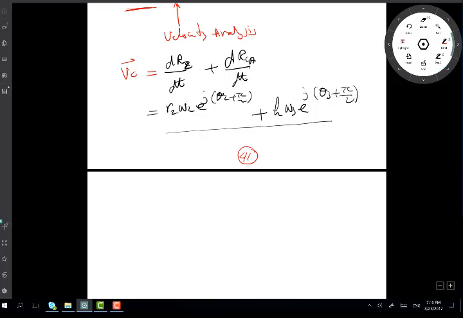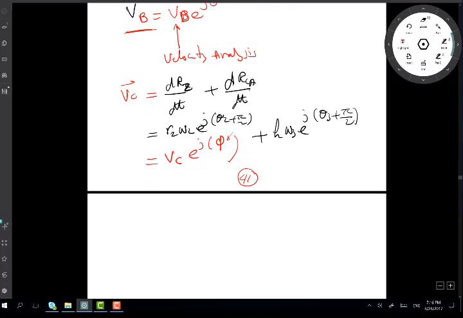When I add those vectorially, I'll get some magnitude Vc and e to the j of some angle, let's call it beta or phi, which will have theta 2 and theta 3 in it.